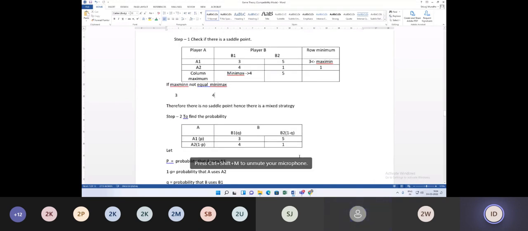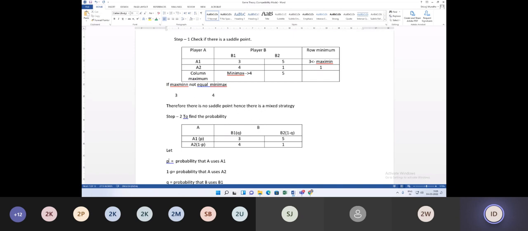Now here, as we noted in the steps of the algorithm, P is equal to the probability that A uses the A1 strategy. Note down, P is small p. 1 minus P is equal to the probability that A uses the A2 strategy. Similarly, Q is equal to the probability that B uses the B1 strategy, and 1 minus Q is the probability that B uses the B2 strategy.